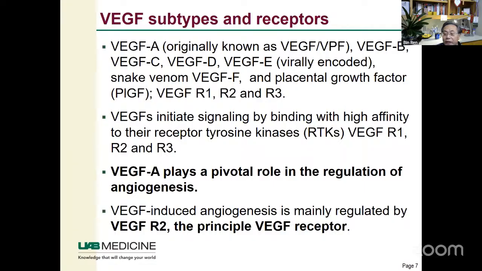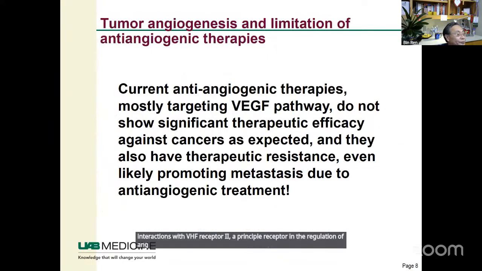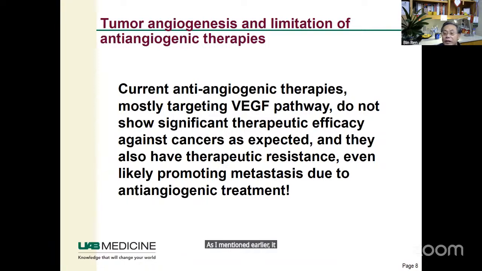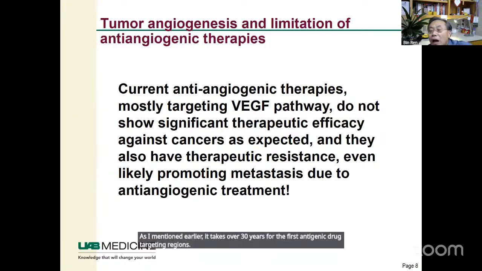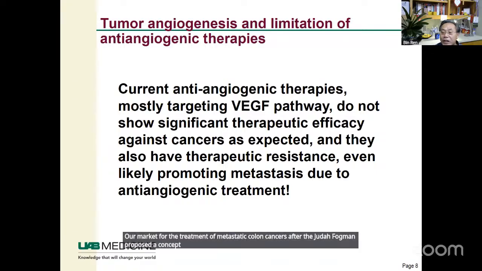VEGF-A plays a key role in the regulation of angiogenesis under pathological and physiological conditions, mainly by interacting with VEGF receptor 2, a principal receptor in the regulation of angiogenesis. As I mentioned earlier, it took over 30 years for the first anti-angiogenic drug targeting VEGF to come to market for the treatment of metastatic colon cancers after Judah Folkman proposed the concept of tumor angiogenesis.